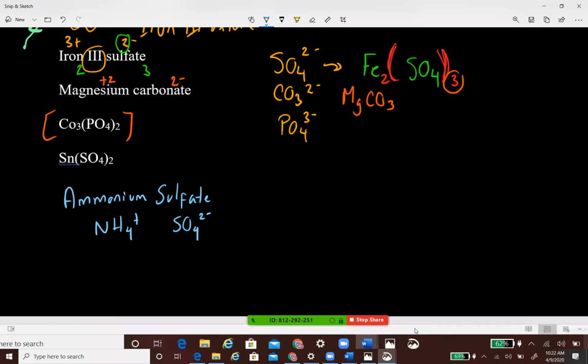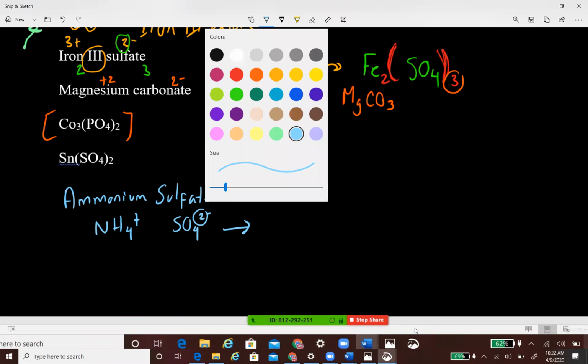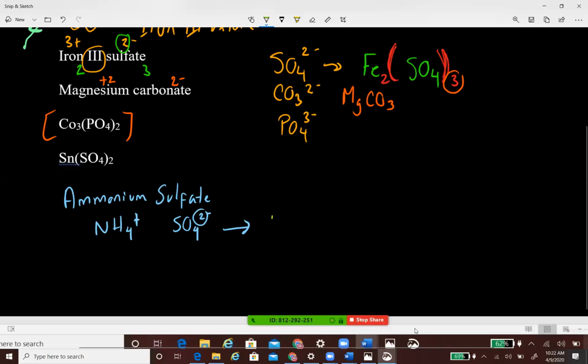So this means that we're going to need 2 ammonium, and for the plus, if there's no number, it means 1. So therefore, we're just going to need 1 sulfate. The way you would write this is ammonium; we need 2 ammonium, so we're going to put brackets around ammonium and a little subscript 2. The sulfate does not require brackets because it only has 1.